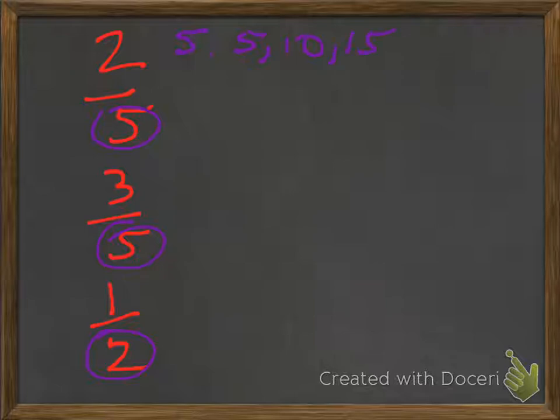And then if I look at 2s, 2 times 1 is 2, 2 times 2 is 4, 2 times 3 is 6, 2 times 4 is 8, and 2 times 5 is 10. And what do they have in common? Well, they both have 10.